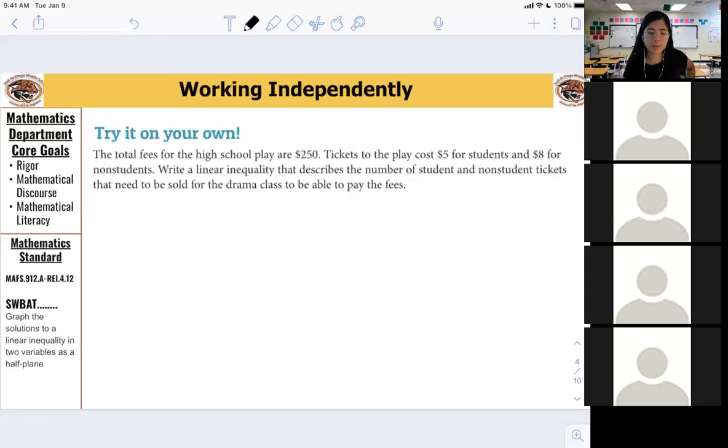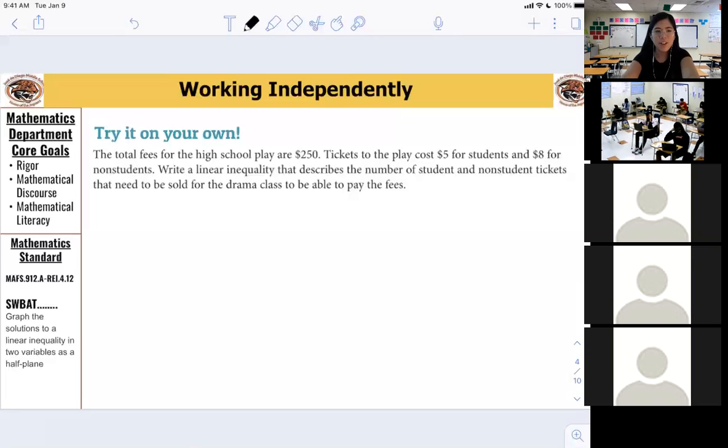About a minute left. All right, 10, 9, 8, 7, 6, 5, 4, 3, 2, 1.